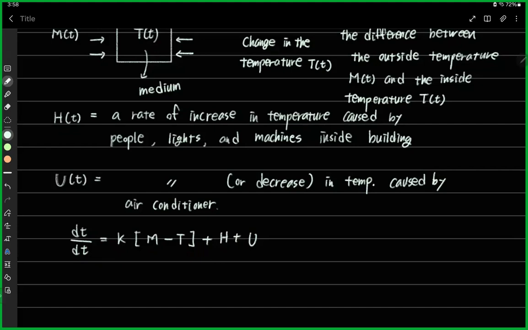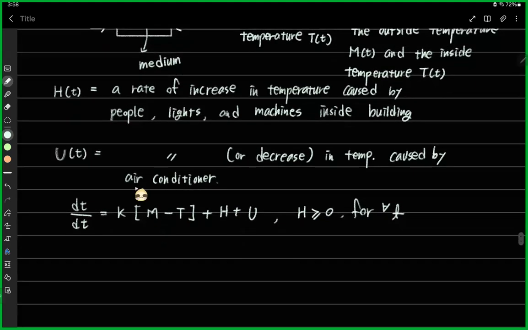So here H is always greater than or equal to 0 for any t, which means for arbitrary t. And then this is the air conditioner or furnace. Furnace is, I think, a boiler in Korean.